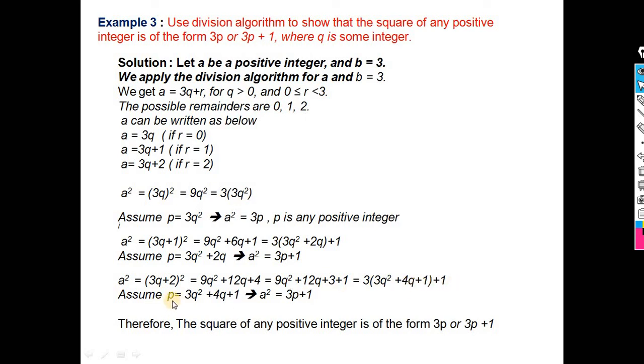This can be assumed as p, where p is any positive integer, so a square is equal to 3p plus 1. So always you will be able to write it as 3p or 3p plus 1. Therefore, the square of any positive integer is of the form 3p or 3p plus 1.